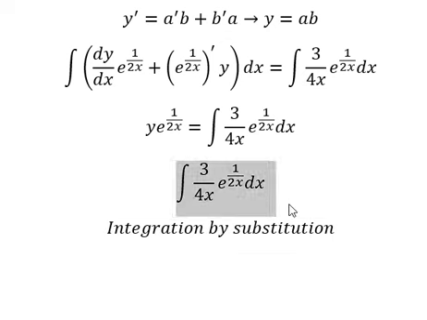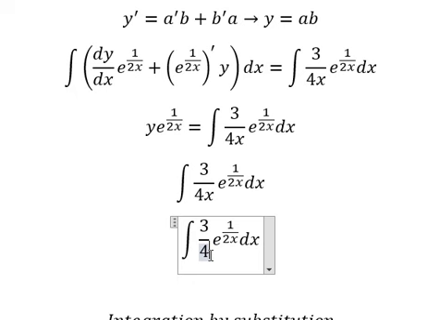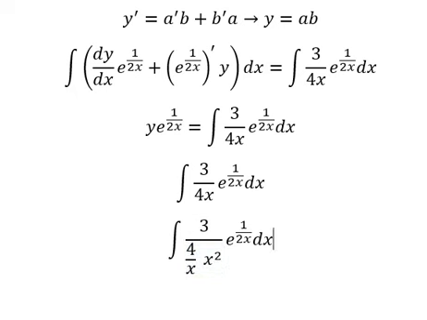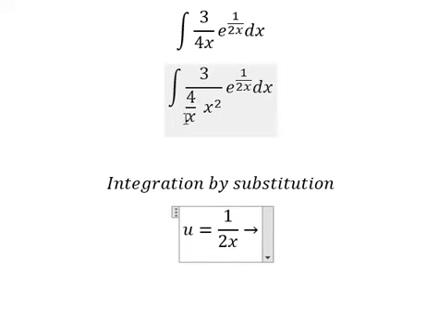So the first thing, I will put this one, that is about 4 over x and x squared. So we can put about u equals to 1 over 2x. Later that we have 4 over x, that is about number 8 for the both sides.